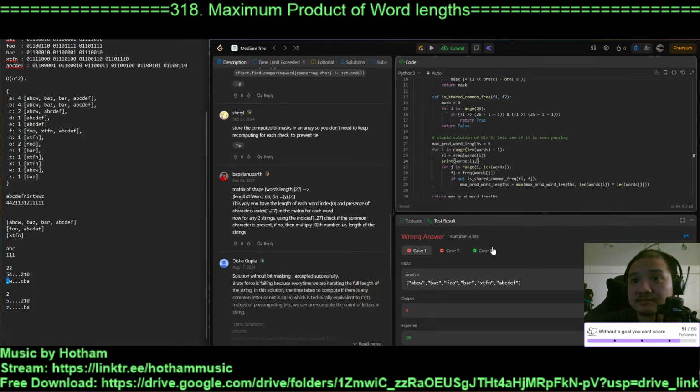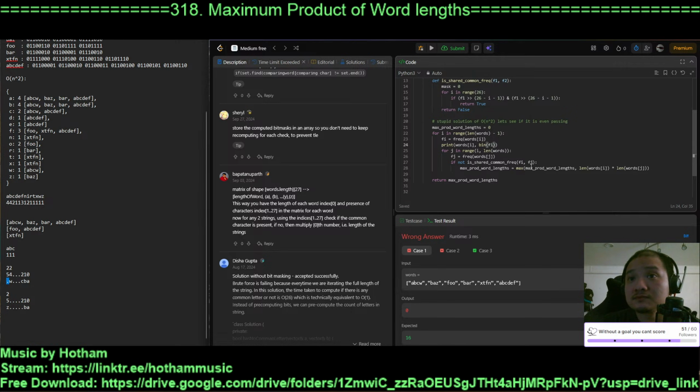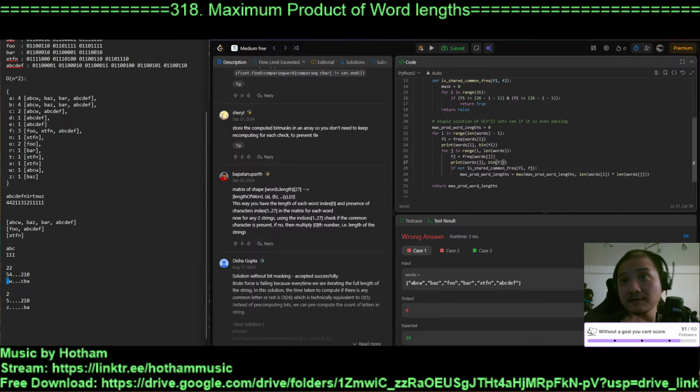Okay, bin 10. I think the problem here could be that I did not try to cache it.